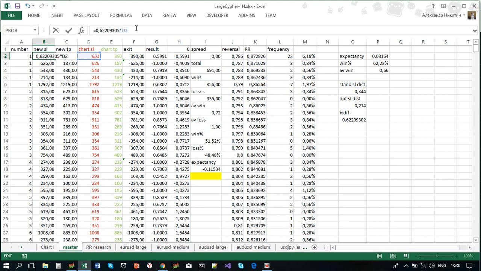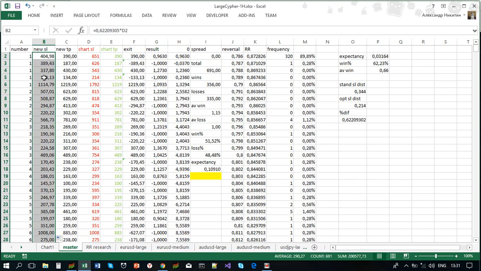Now it is tremendous precision, 0.62209305 of our full stop loss. This was the full stop loss, this is our new stop loss distance. Okay, and let me substitute that within all stop losses. Now all stop losses are less, they are 0.62 of the initial stop loss.